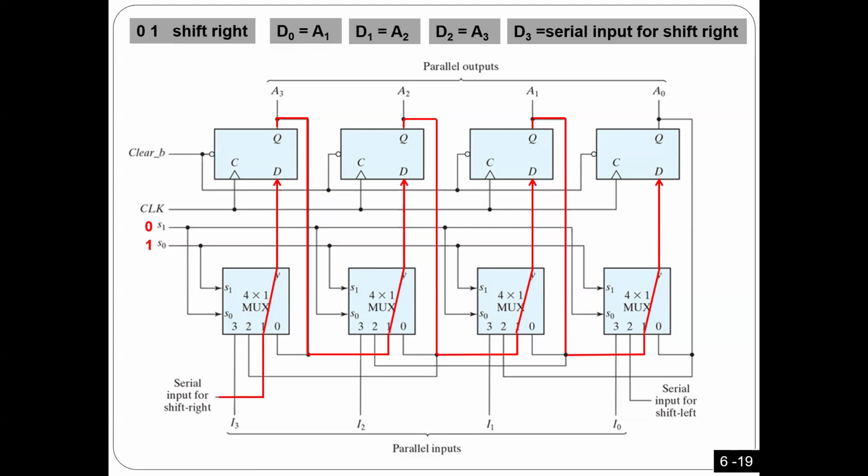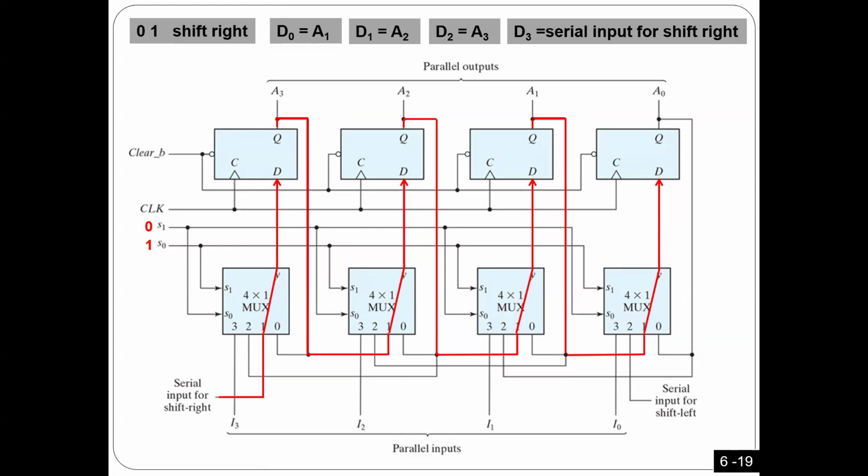Okay. How? Look here, how I wired it. I wired it so that the input here has to come from this one, so that you shift from here to here. This one has to go to the next one. This one has to go to the next one. Very easy, right? And then the first one has to come from serial input.